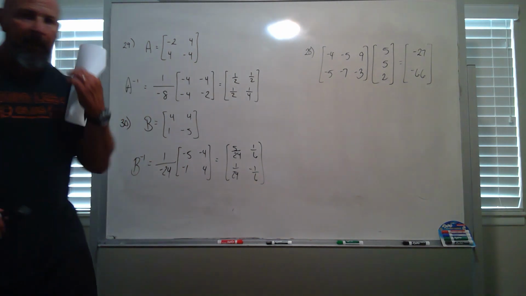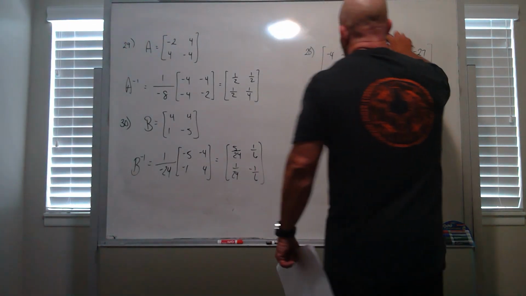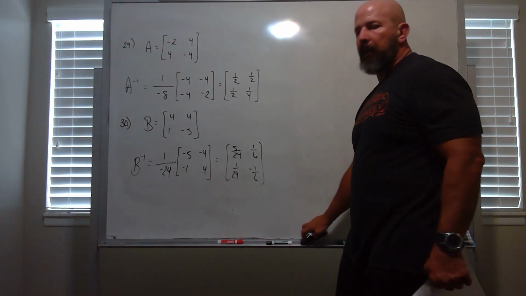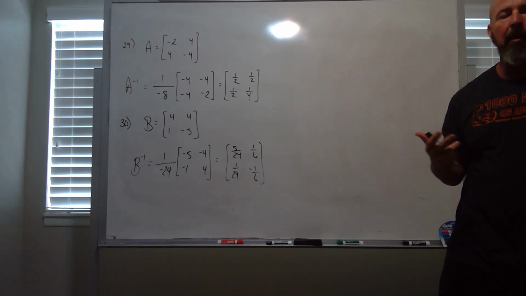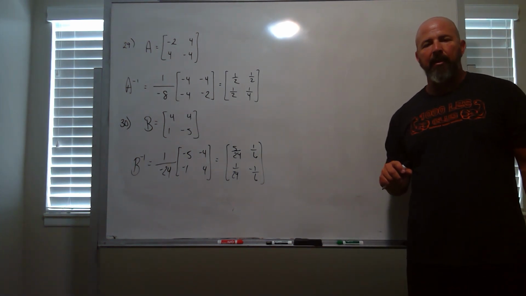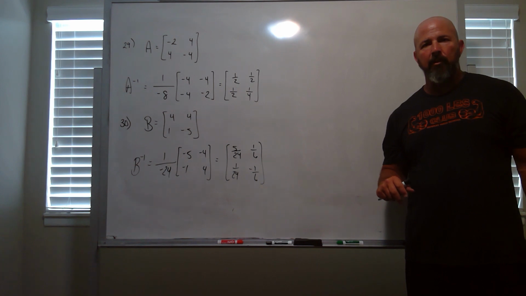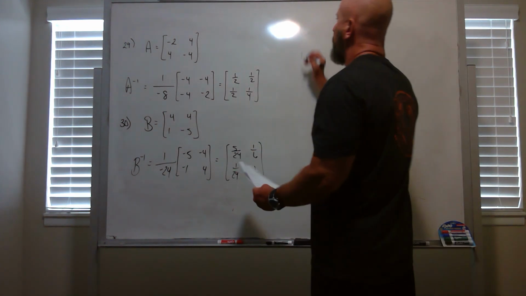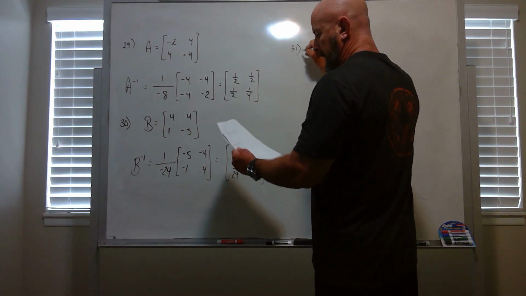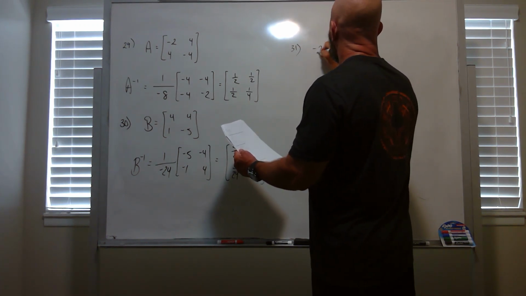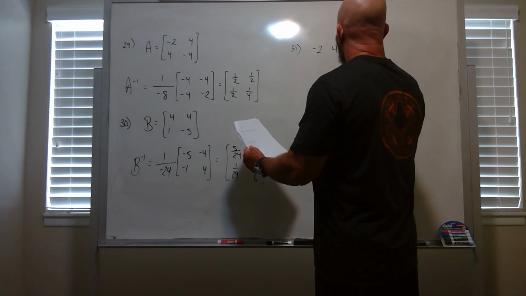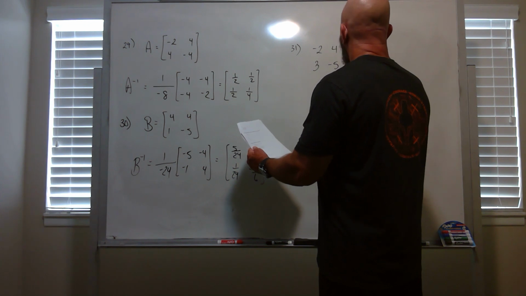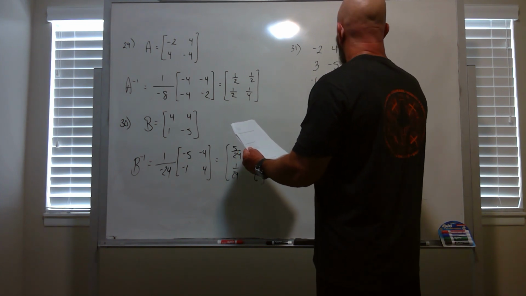31 and 32, using an inverse to solve a system. If we take the inverse, the way we can solve a system is if we take the inverse and multiply it by the answer matrix, that's going to give us the solution. So my inverse on 31 is, I'm given, negative 2, 4, negative 1, 3, negative 5, 2, negative 1, 2, negative 1.